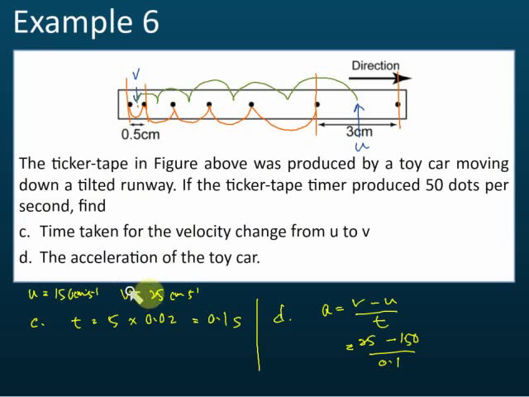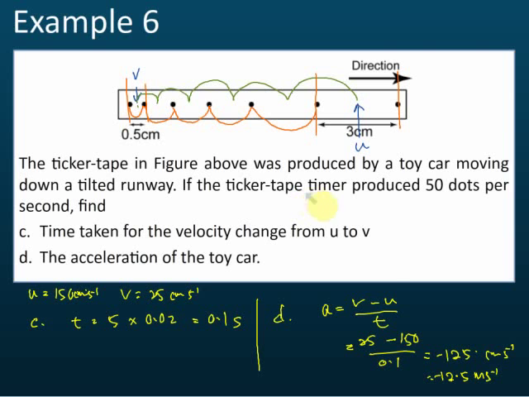Final velocity 25, initial velocity 150, and the time taken 0.1. So we substitute this V, U, and T into the equation, then we can find the acceleration. Negative 1250 cm per second squared, or negative 12.5 meters per second squared.